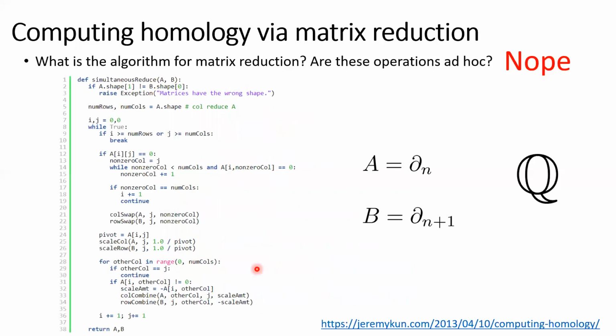Here he writes in detail an algorithm for simultaneously reducing two matrices A and B. In our case, the matrices of interest are delta n, the n boundary matrix, and B is going to be delta n plus 1. He starts by first checking that they have the right dimensions. Then he's essentially following the same idea of Gaussian elimination, looking for pivots and then using those pivots to eliminate whatever is to the right and to the bottom of them.